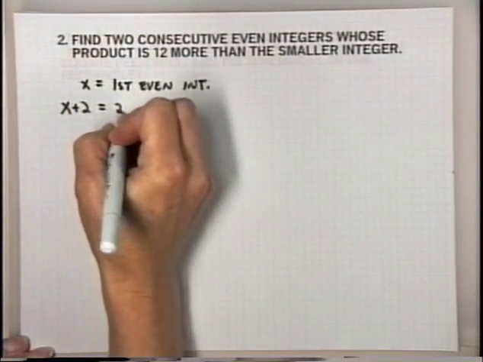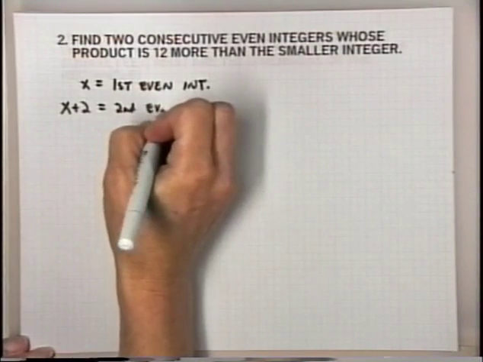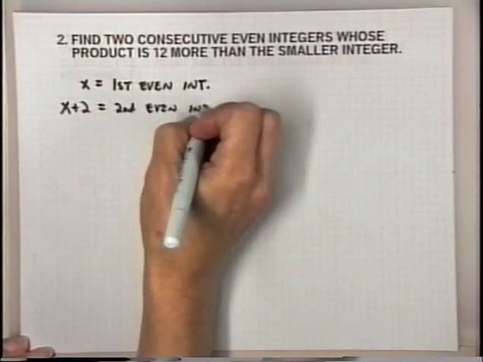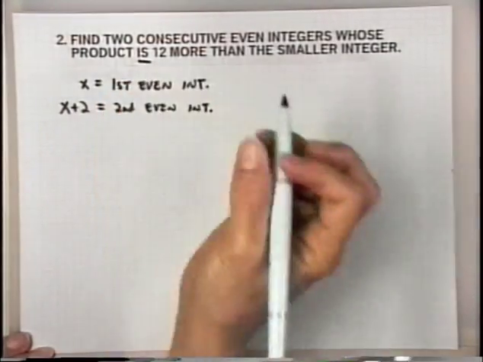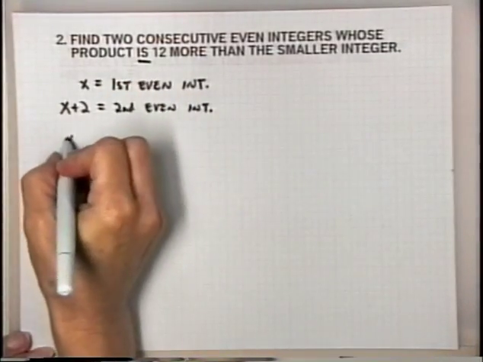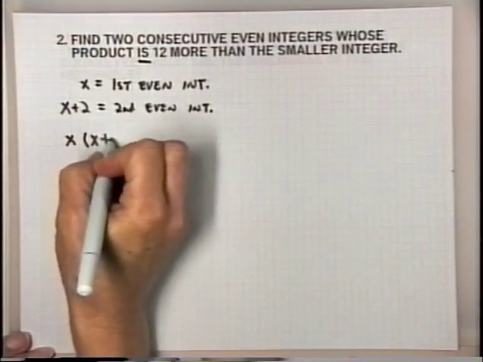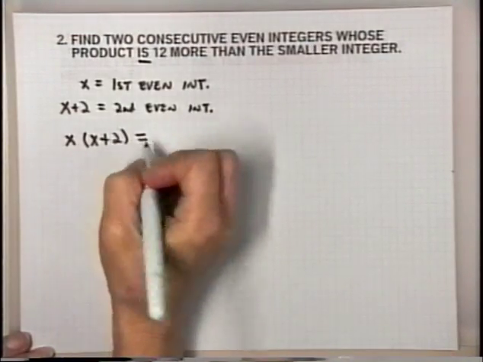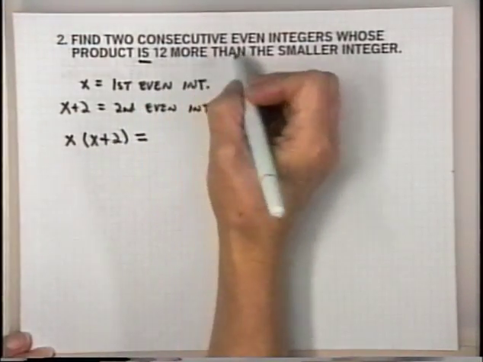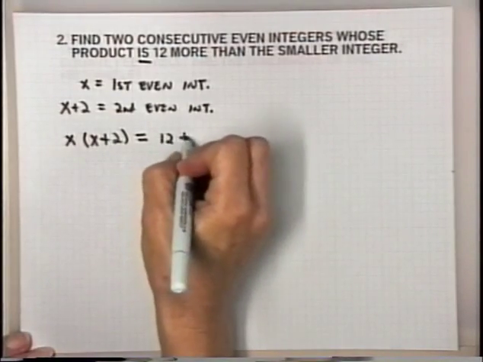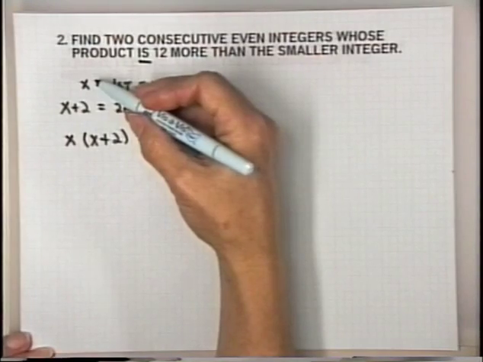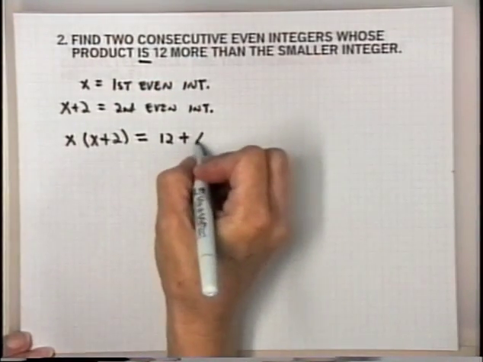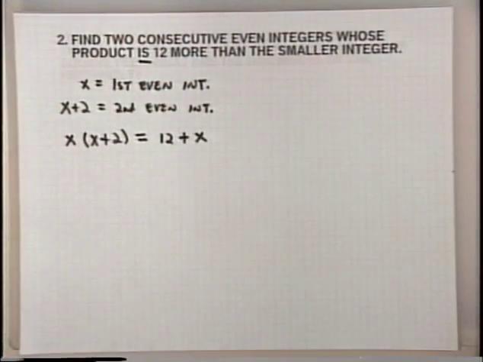X plus 2 will be the second even integer, whose product is the product of these two integers. X times x plus 2 equals 12 more than, which means 12 plus the smaller integer. Well, this first integer is going to be smaller than the second one, so we want the smaller integer x there.